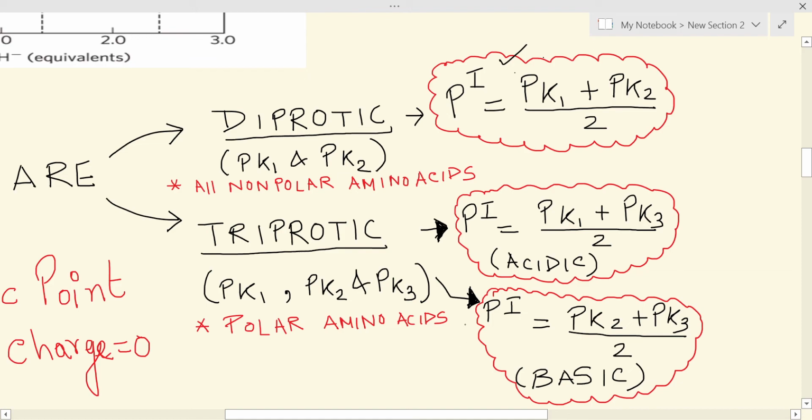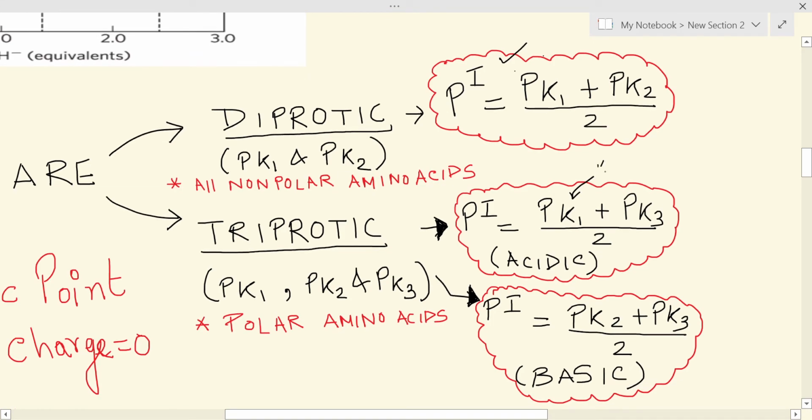For basic amino acids, the Pi value is pK2 plus pK3 divided by 2. Let me write here, pK1 is for the alpha COOH, and pK3 for an acidic amino acid is COOH. In the case of a basic amino acid, pK2 is the alpha NH3+, and pK3 for a basic amino acid is NH3+. I hope this is clear.